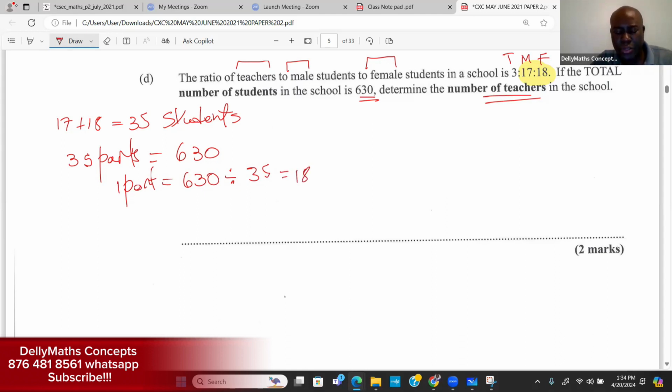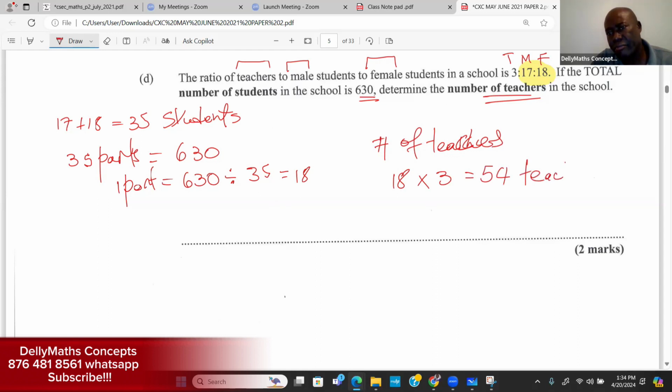Now we're going to use this to multiply, right? We can use this to multiply by how many teachers. So the parts for teachers would be 3. So the number of teachers will simply be that 18, which represents 1 part, times the 3 proportional parts for teachers, and we're going to get about 54 teachers here.